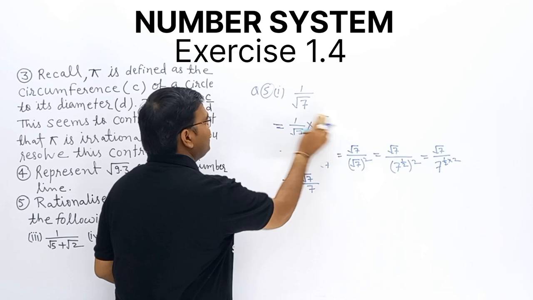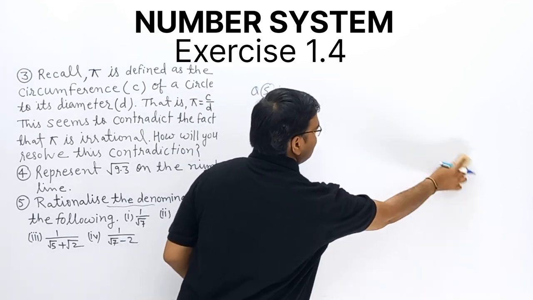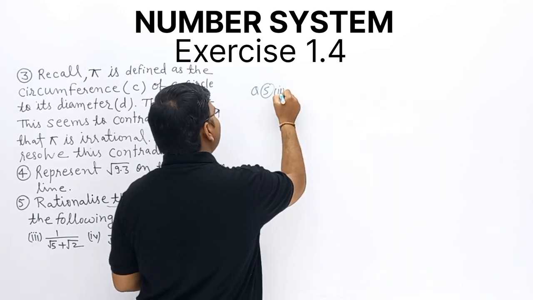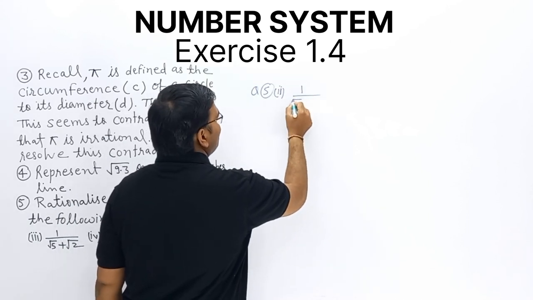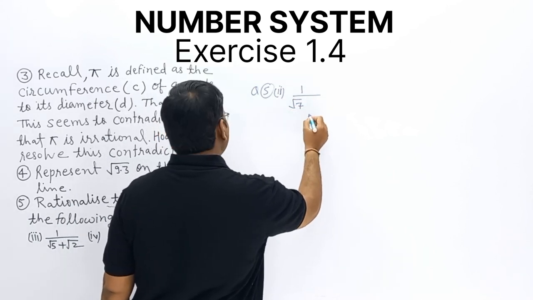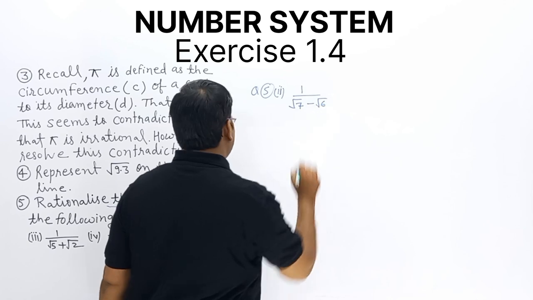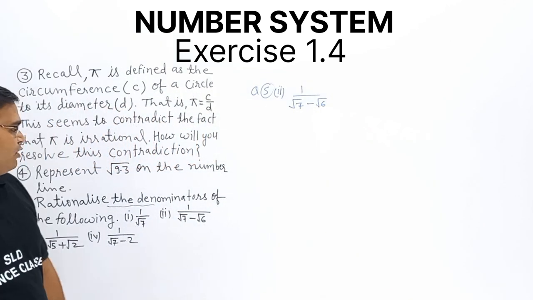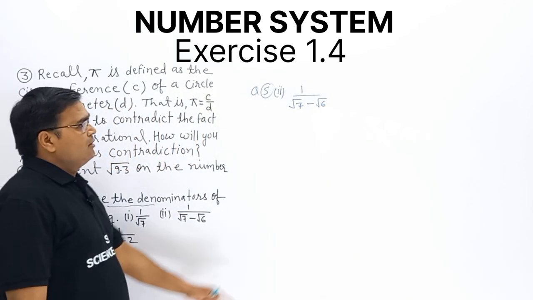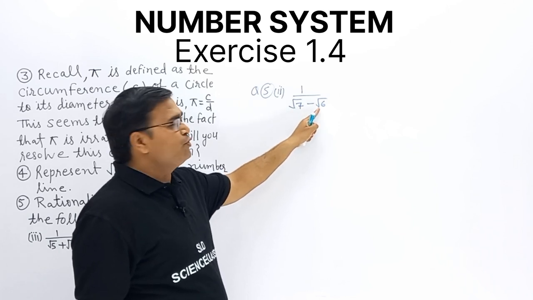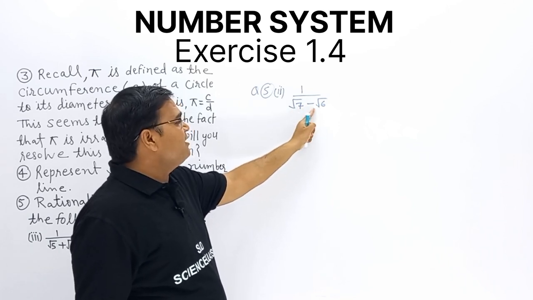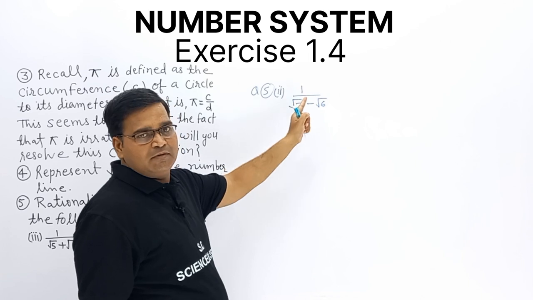Now the next question I am taking, question number 5, second one. And what about this question? 1 upon root 7 minus root 6. Now in the denominator we have radical signs, root 7 minus root 6, so we cannot easily subtract and divide.